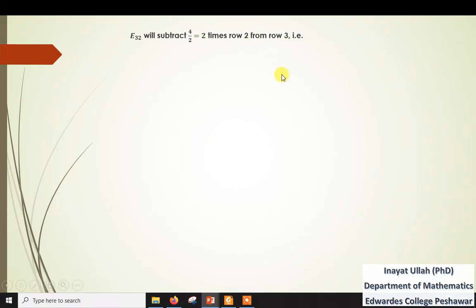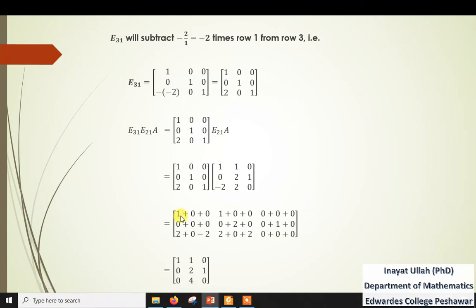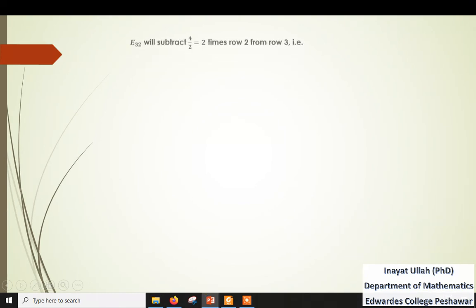And that's how, if you look at this matrix, E32 will be obtained by the second element of the third row divided by the second element of the second row, 4 by 2. So that's why we have written there that E32 will subtract 4 by 2, means 2 times row 2 from row 3.